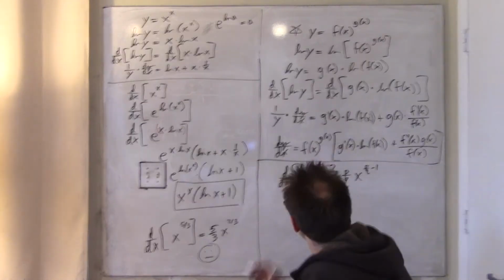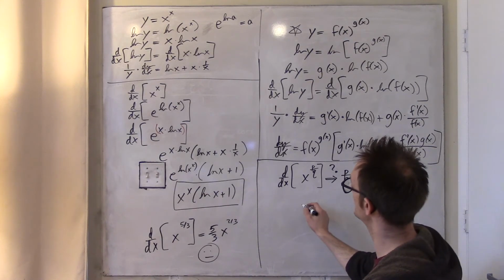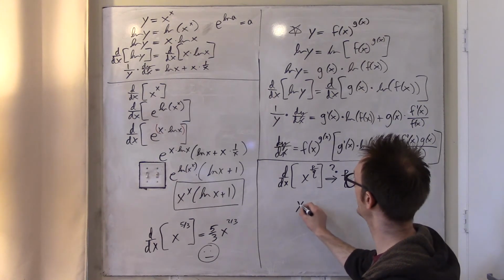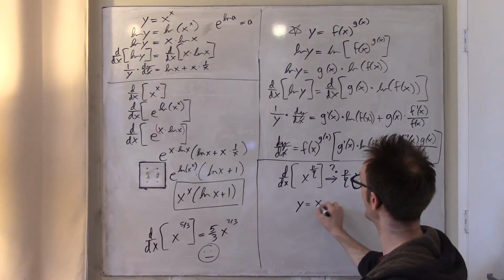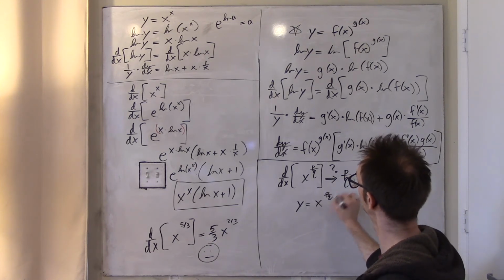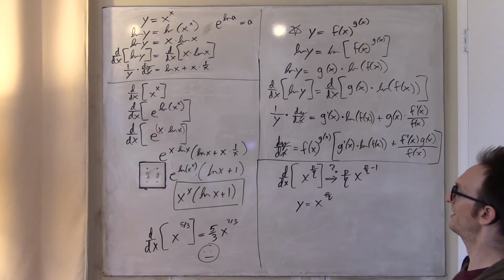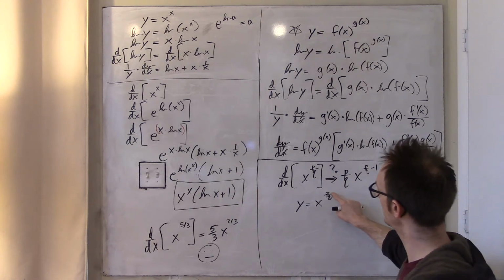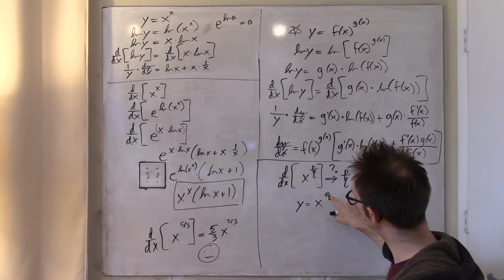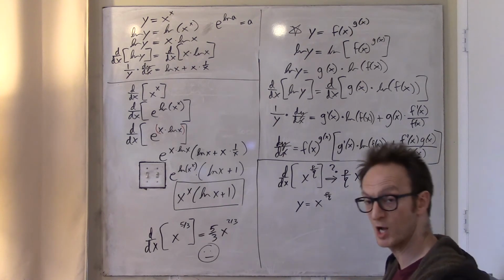So is this true or not? Well, this now becomes kind of trivial because, watch. You write this as y equals x to the p over q. And then you just don't want that p over q up there because it's kind of annoying. So you just take the log of both sides.